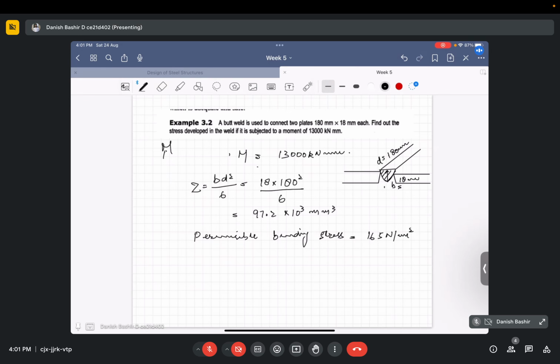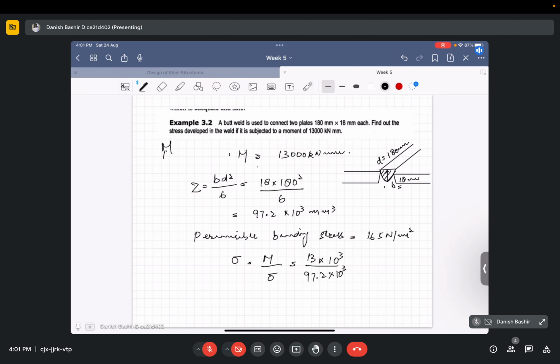So the stress sigma will be equal to the moment divided by the section modulus. Moment is 13,000, section modulus is 97.2 into 10 power 3.